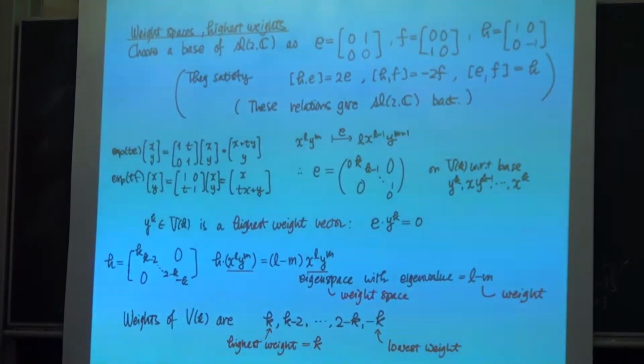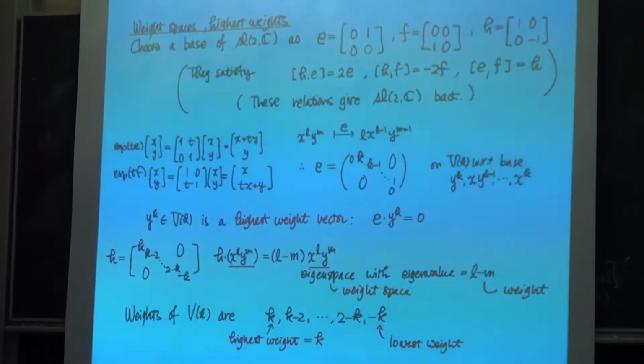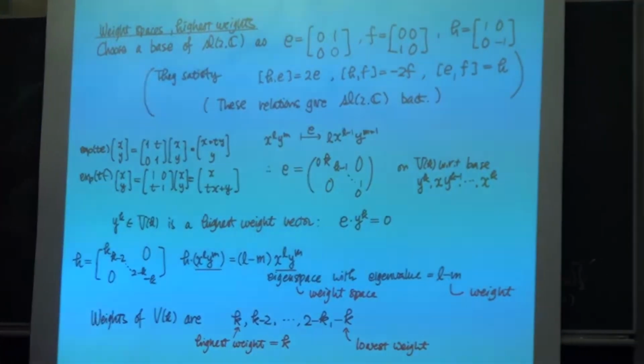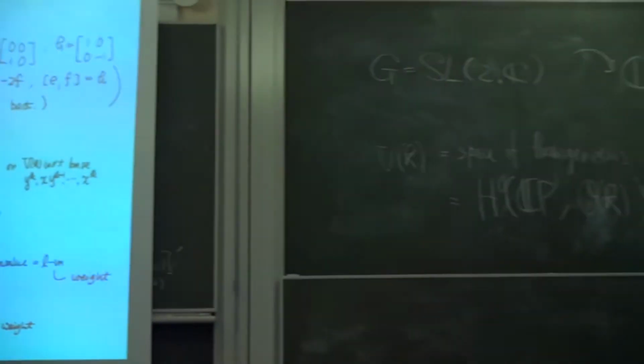This space Vk has a basis, but this basis has some intrinsic meaning, which I want to explain. First, I should say that a representation of the Lie group and a representation of the Lie algebra of SL2C are essentially the same thing.